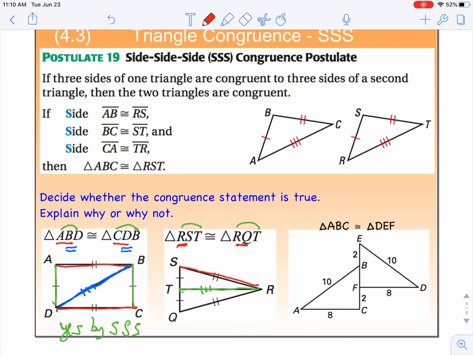RS is marked with 2 tick marks. RQ is also. So yes, that one checks out. And then we have ST and QT, and they are both marked with 1 tick mark. So yes, the triangles are congruent by side, side, side. Okay, let's keep moving on.